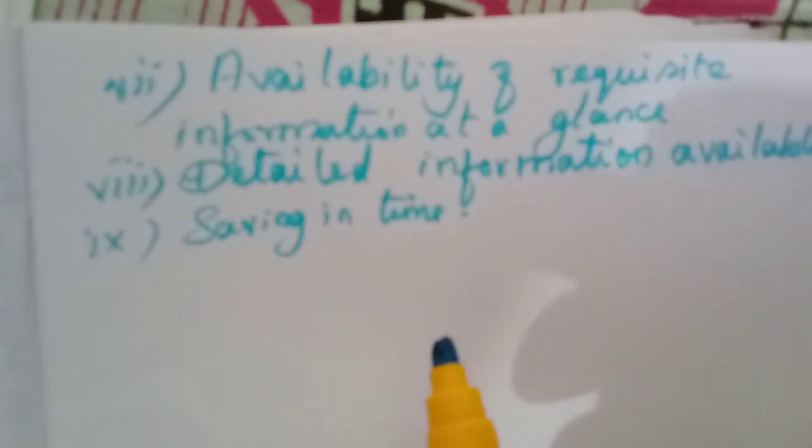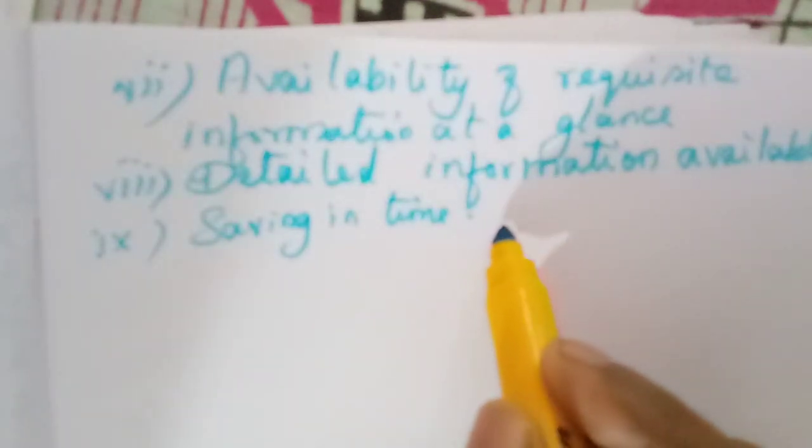All the stationery is wasted, along with the time and energy of the person who has to write. But here, within a short time, they will enter in all the books. Purchases will be entered by one staff in the purchase book, and another person will enter the sales details. So it saves time, because of the division of work.